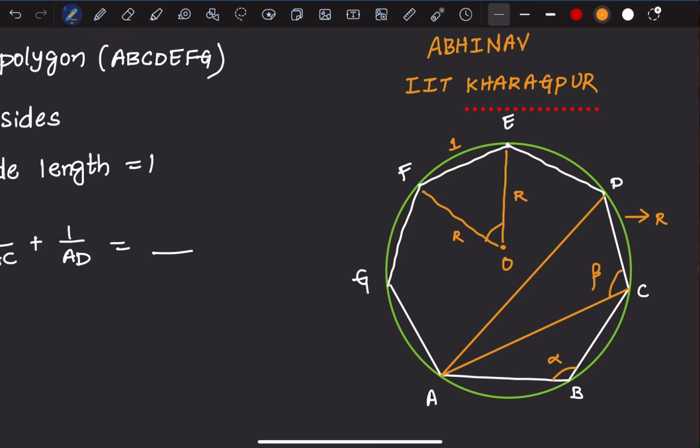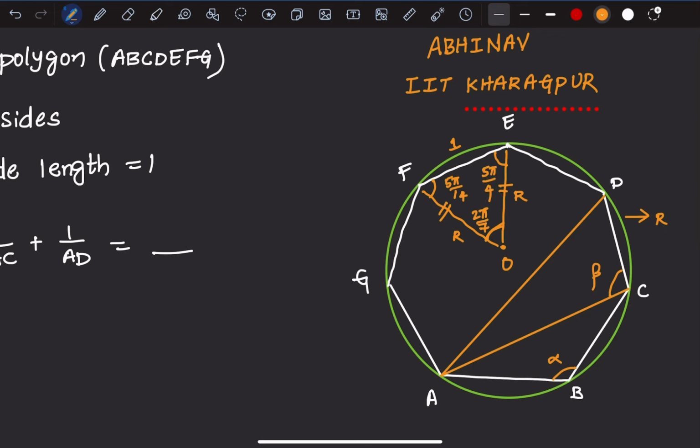The total central angle will be 2 pi. Since there are 7 sides, this angle will be 2 pi upon 7. Since this side and this side are equal, these two angles will be equal, and each one of them will be 5 pi by 14.